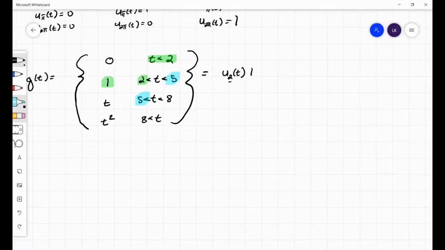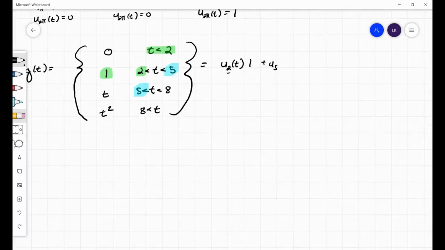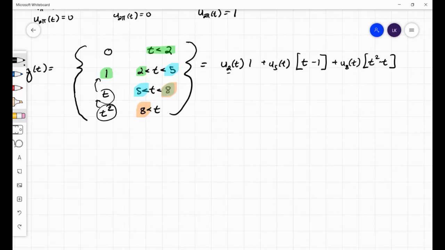So at time 5, we introduce this new piece, t, but then subtract out the preceding piece, so minus 1. And finally, we transition to a new piece at t equals 8. So we introduce a step function that turns on at 8. And then we want to turn this next piece on, t squared, but subtract out the preceding piece, so minus t. And then you can confirm that indeed this gives you the piecewise function.